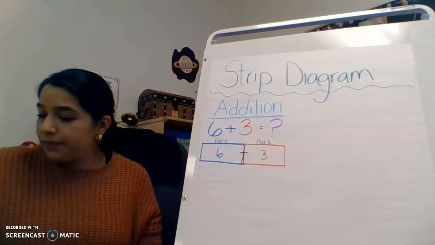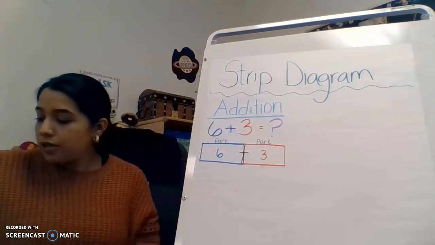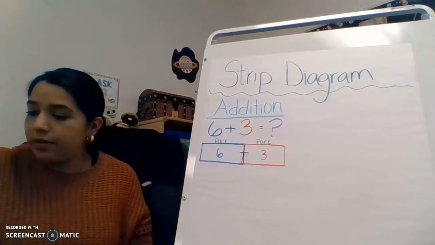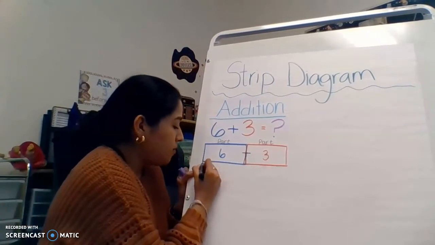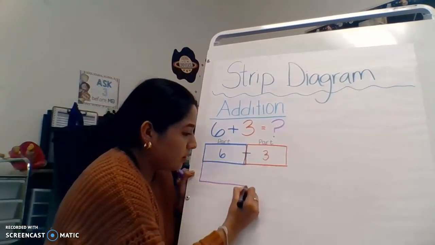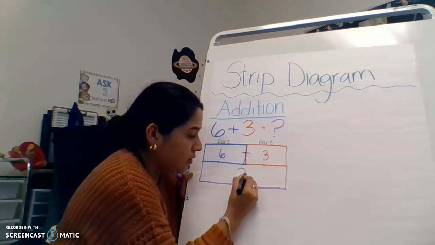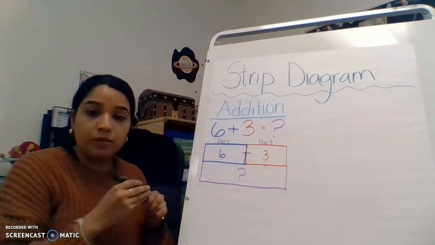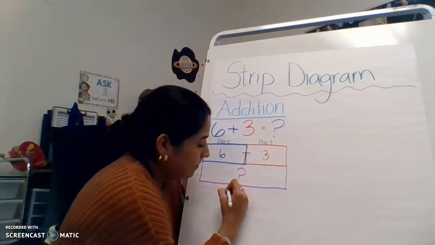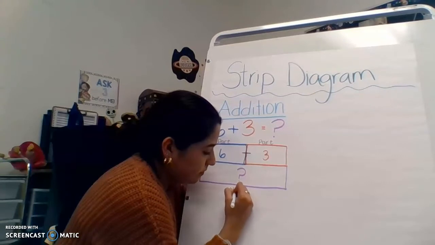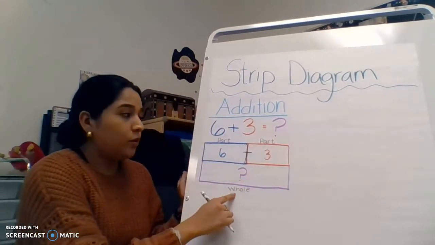Our whole, we didn't know. So we didn't know the number. We didn't know the number of birds on the tree. So we have a question mark with our whole. So this is our whole.